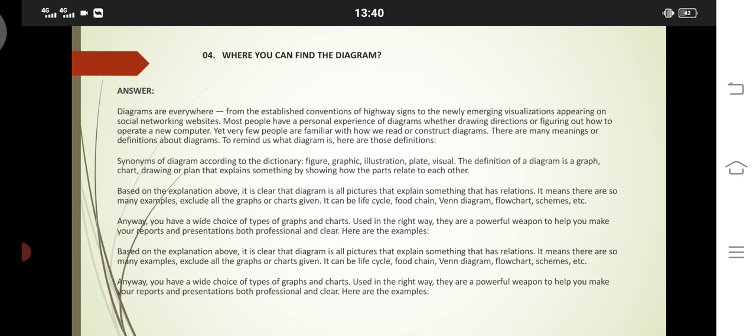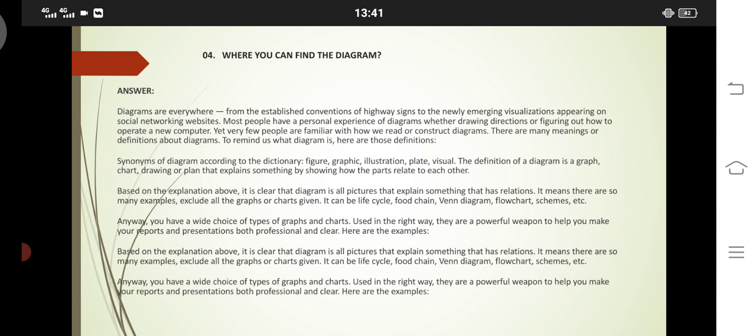There are many meanings or definitions of diagrams. To understand what a diagram is, here are two definitions. Synonyms of diagram according to the dictionary: figure, graphic, illustration, plate, visual. The definition of a diagram is a graph, chart, drawing, or plain text that explains something by showing how the parts relate to each other.